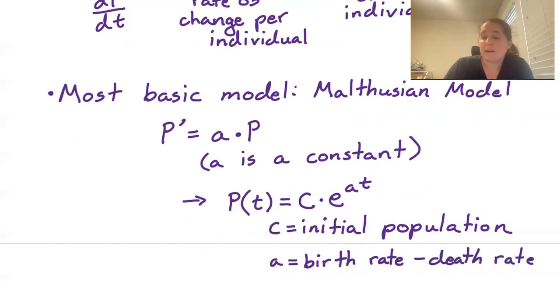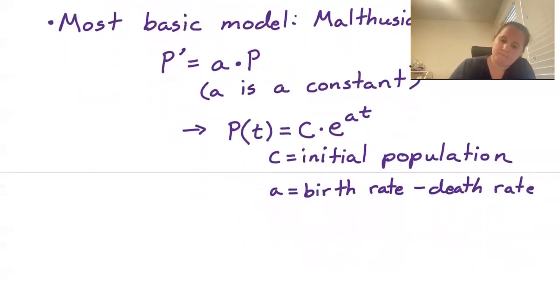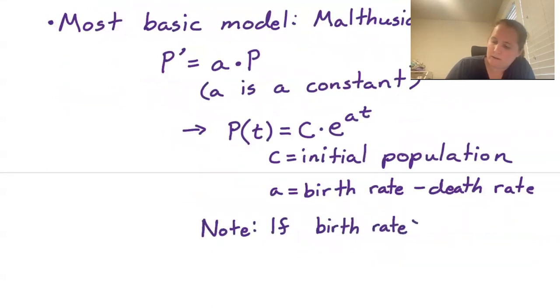So as you can see with an exponential solution, if the birth rate is higher than the death rate, the population grows. And if the birth rate is less than the death rate, then the population will shrink, which makes sense. So note, if the birth rate is greater than the death rate, then we have exponential growth.